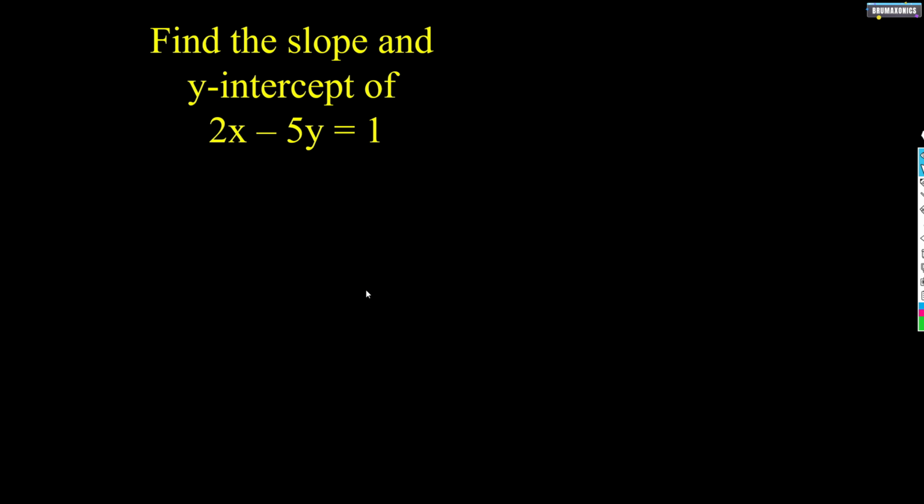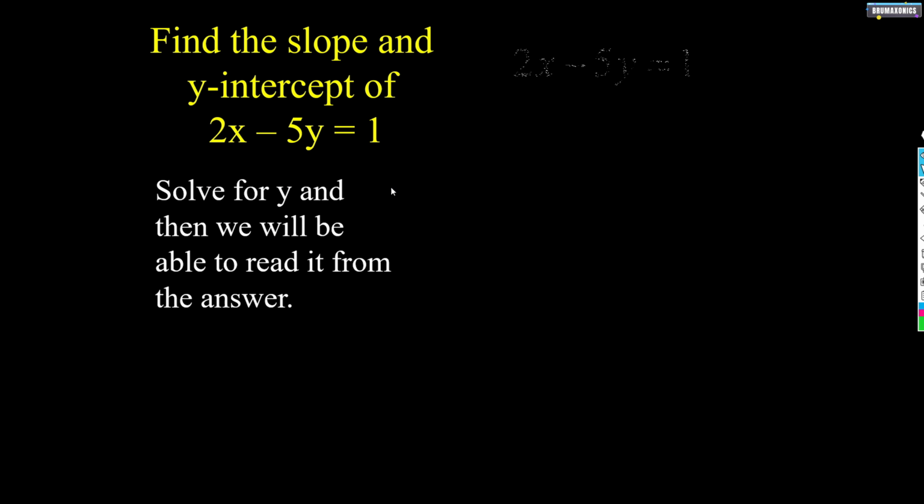Find the slope and y-intercept of the given equation. So here they just want to see if you can simplify this particular equation into the normal form. And with that, you have to make sure that you take 1 to the other side, 5 to the other side, and try to solve for y in general.